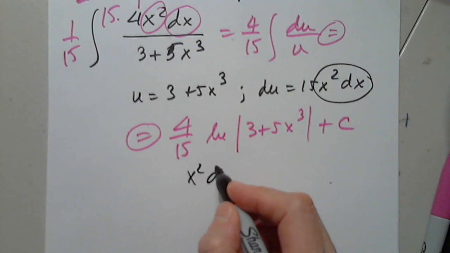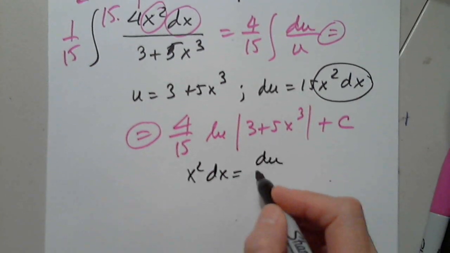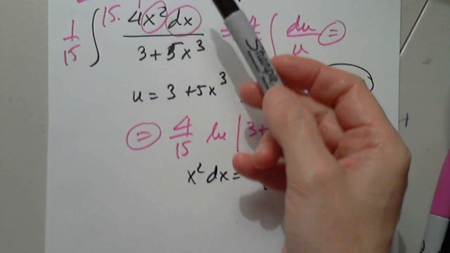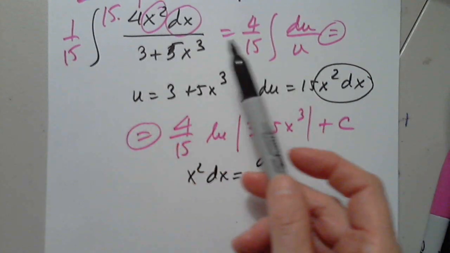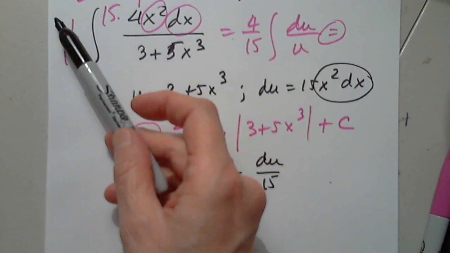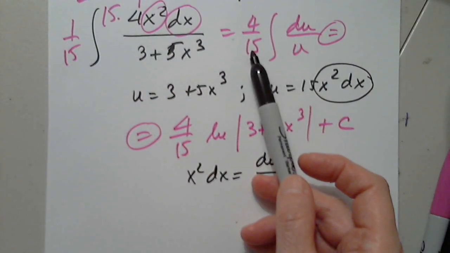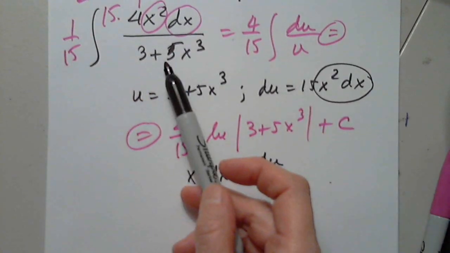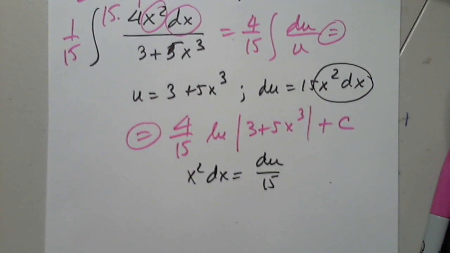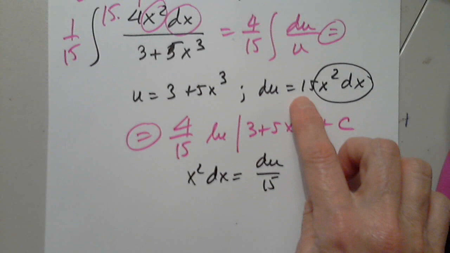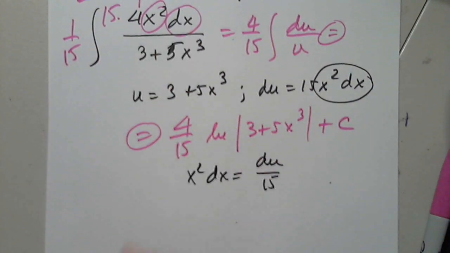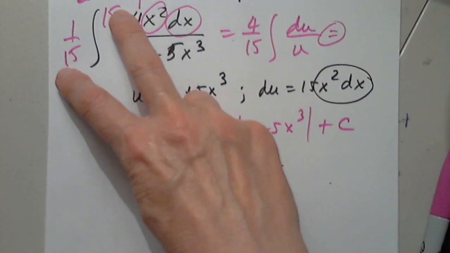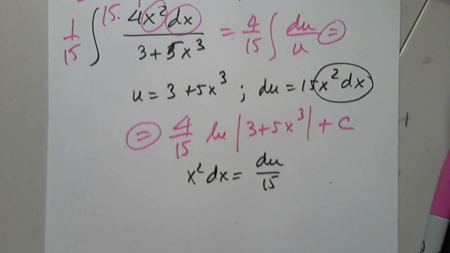So when you solve for x squared dx, you have du over 15. The 4 is outside. I have du over 15, 4 is out, and the denominator is u. It's the same thing. It's just that I think that when it comes to just one factor, it's much easier to multiply and divide, because this is 1. I'm not changing anything. But it's up to you.